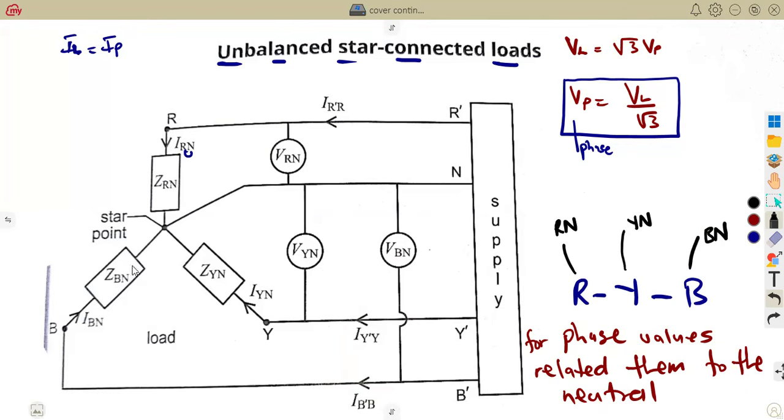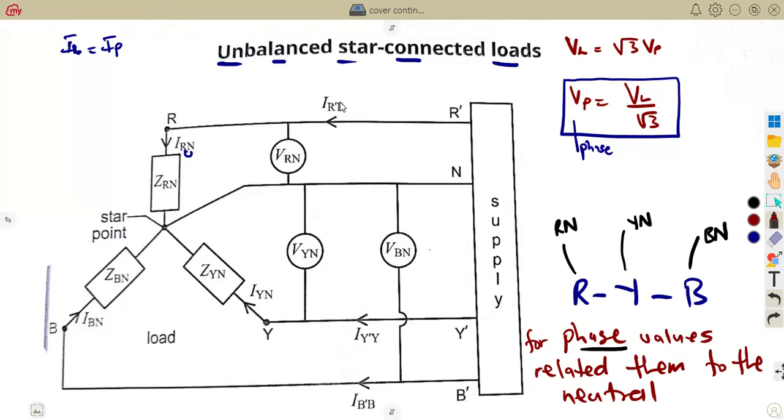Where you see these, they are simply the phase values, related to the neutral. So as we have our red, it will have current and impedance there, the yellow has impedance and current also. Then the line values now are the ones that are referred to with a bar like this one.